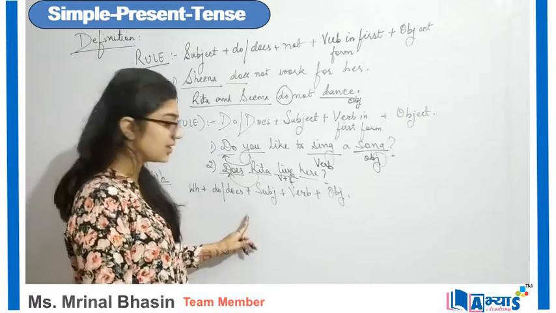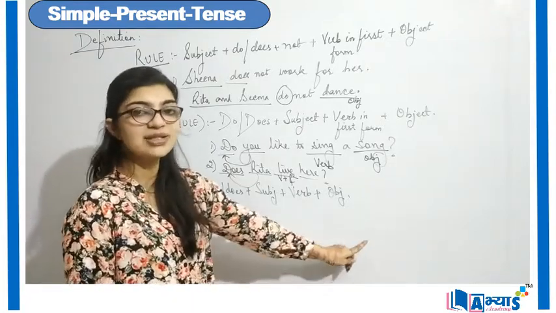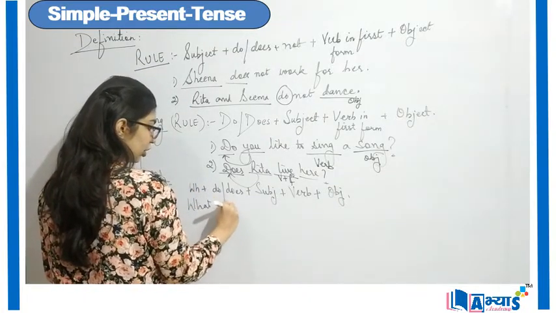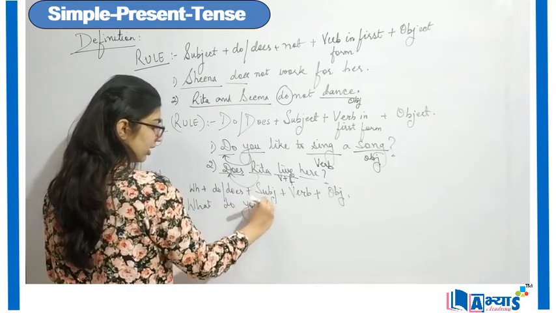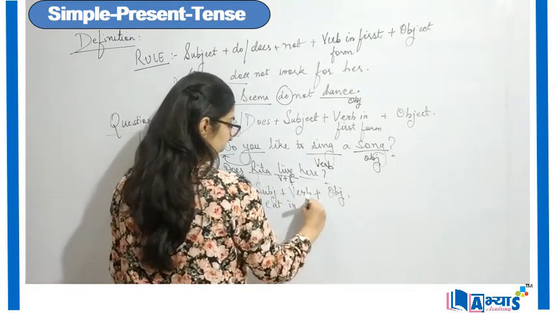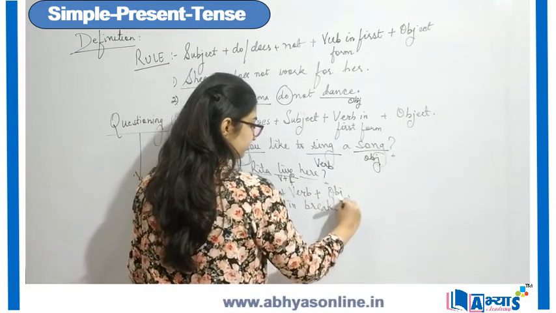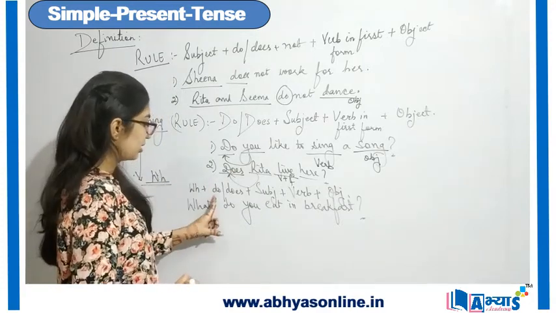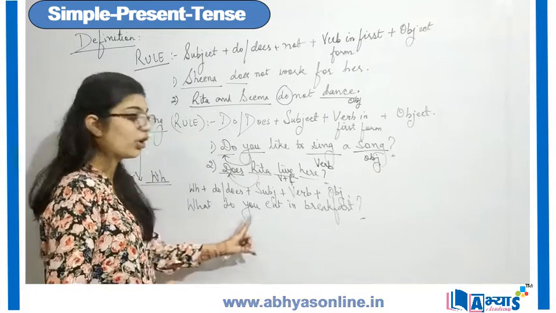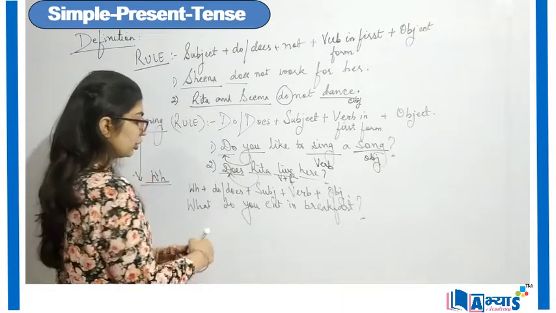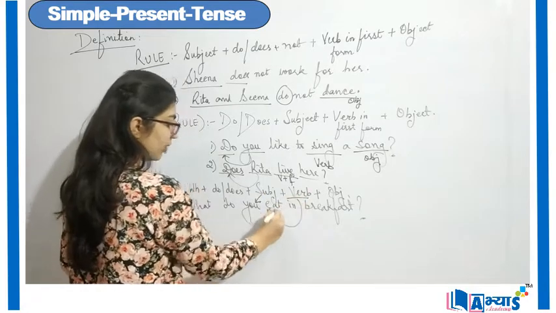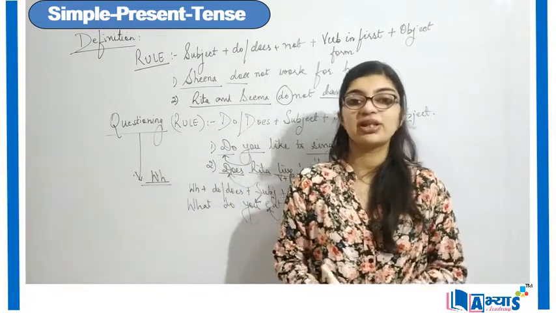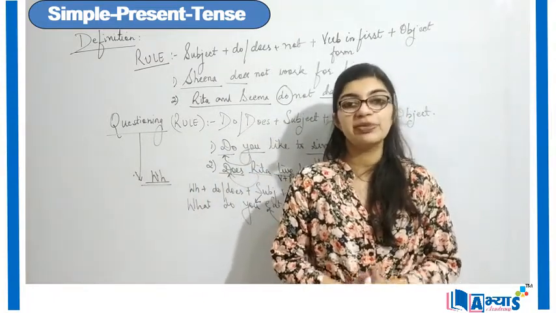Example is: what do you eat in breakfast? So, WH, right? Do or does, we will choose do for you. You is again a subject, eat is the verb in the first form, and in breakfast is the object.